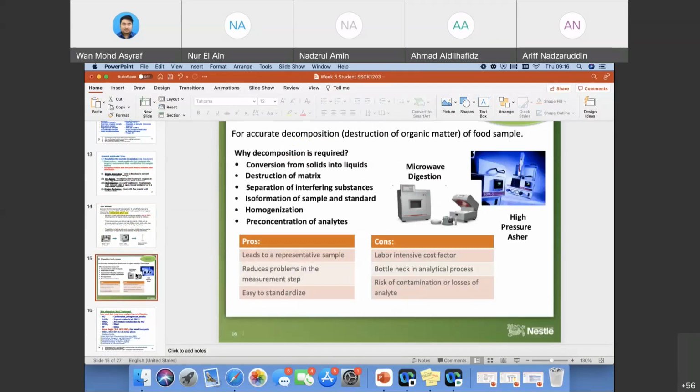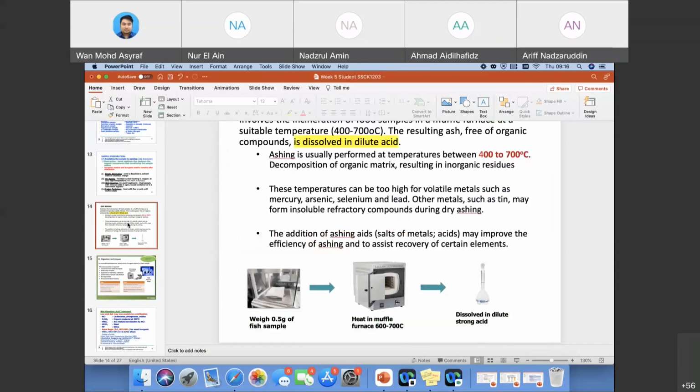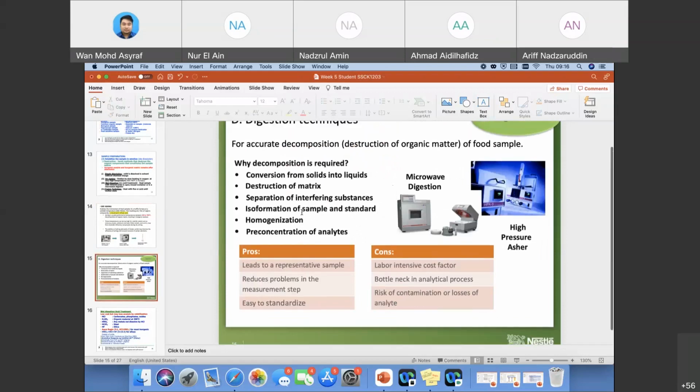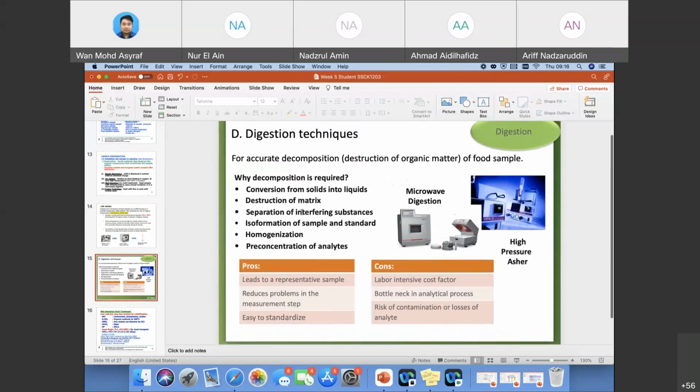So apart from dry ashing, we also have digestion techniques. As we have seen with dry ashing, there are some analytes for which dry ashing cannot be used. So what are the other techniques? Maybe digestion techniques are the answer.